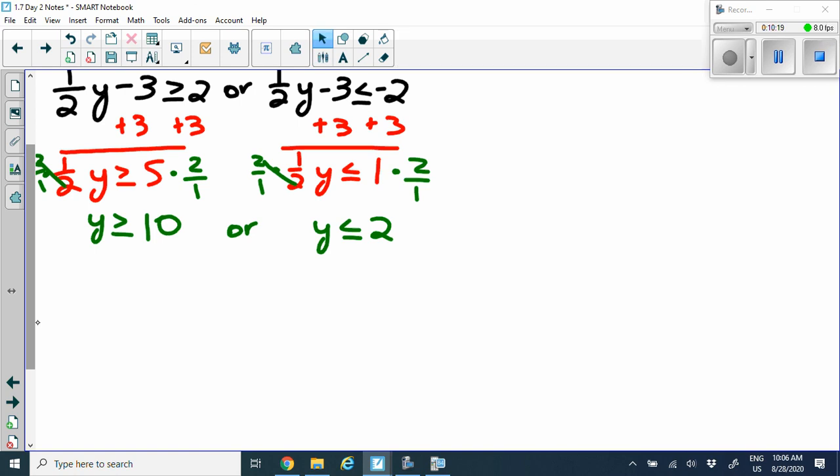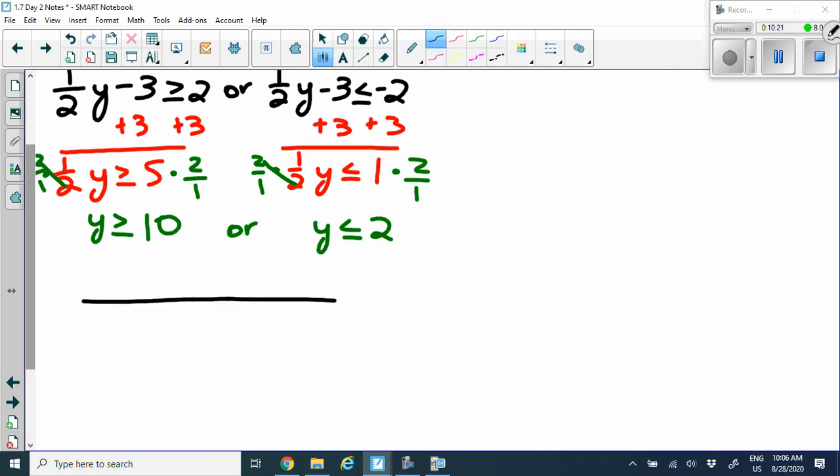Okay, now we do our number line. We put those numbers on there. So remember, 2 is at the left because that's the smallest, and then we have 10. Now notice we don't have any negative numbers, so I don't need to put 0. So if you have a negative and a positive number, go ahead and put 0 in between, but if you don't, then just put the 2 numbers.